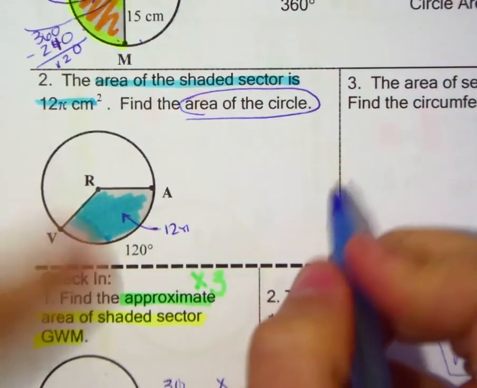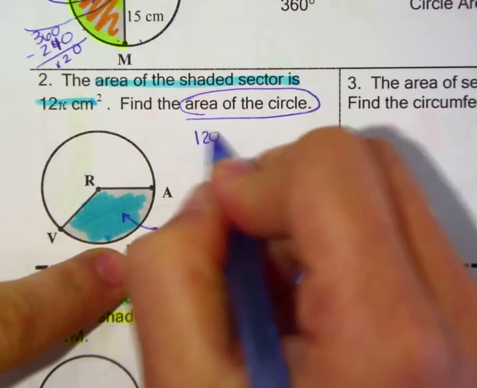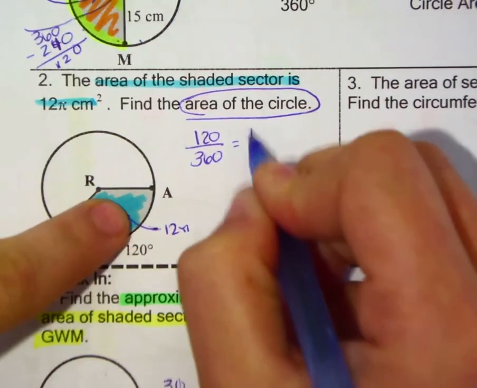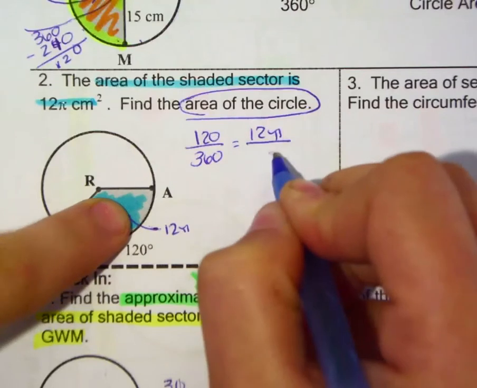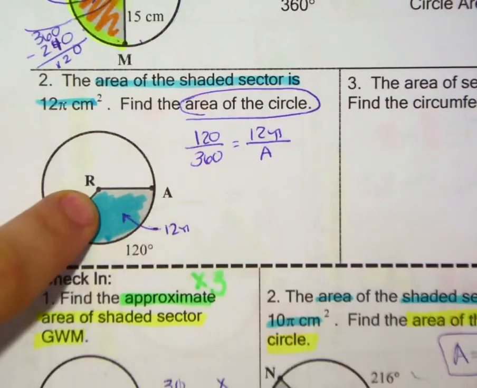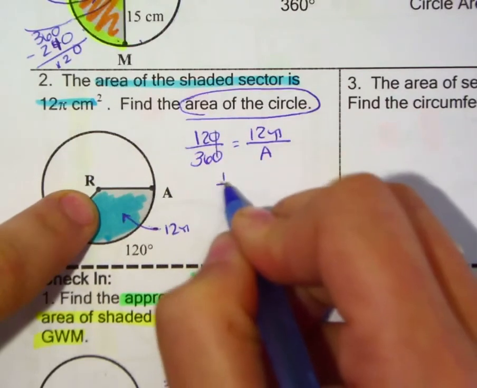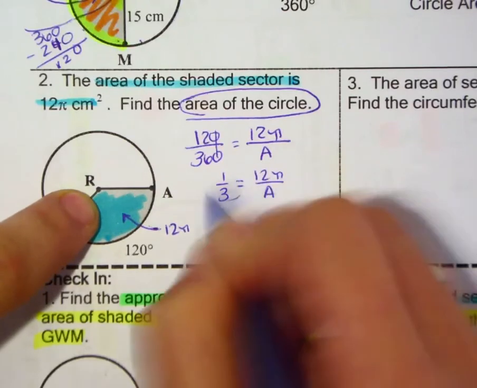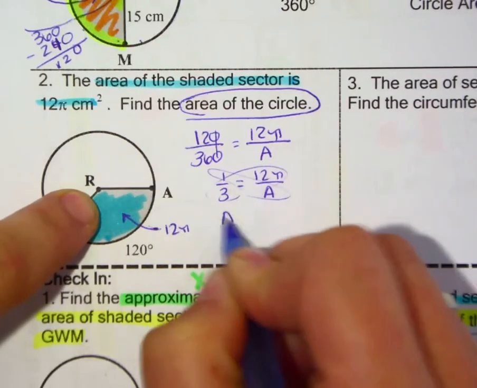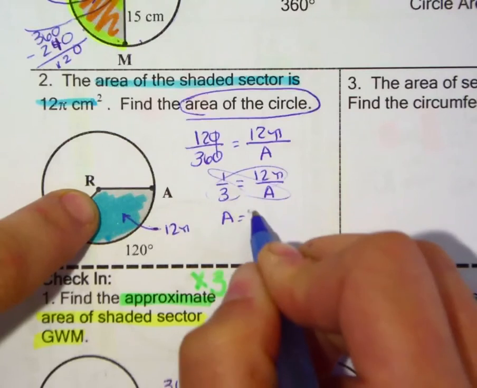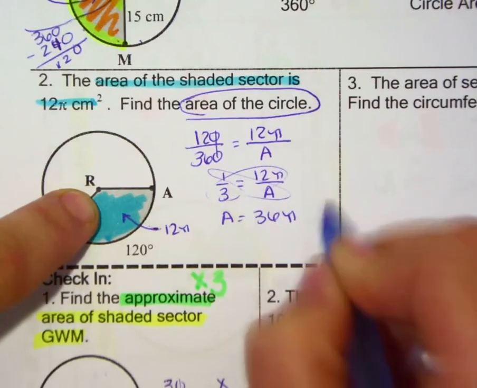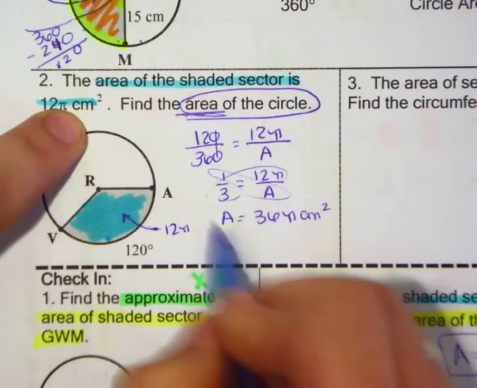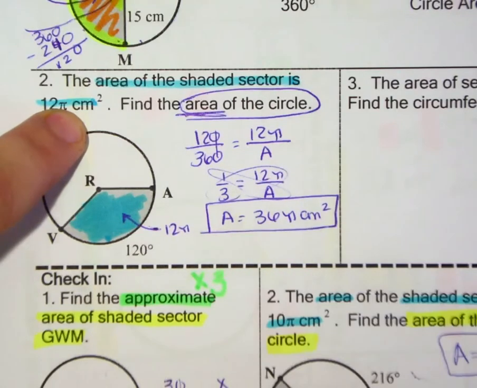Okay, so we know the proportion is 120 out of 360, and that's going to be equivalent to the part, 12 pi, of the entire area. Reduce, this is 1/3 equals 12 pi divided by A. Cross multiply. A equals 3 times 12, which is 36 pi centimeters squared. We're finding the area, and there it is.